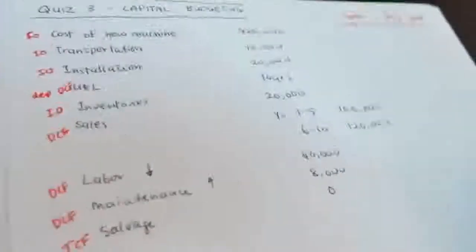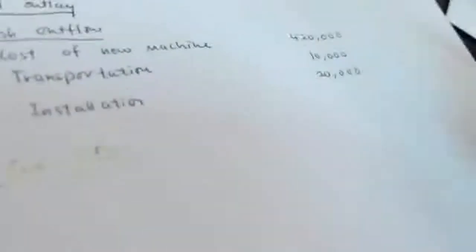Okay, so remember we have identified all this, so we can technically cross this off. Alright, so the total cost of our machine is 450,000, and then we include our working capital requirement.